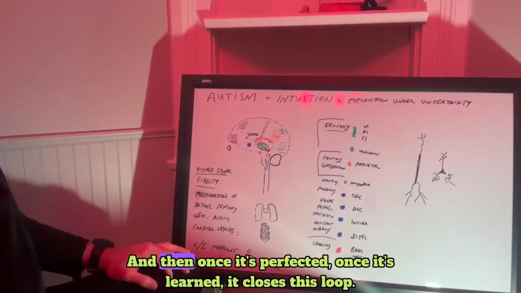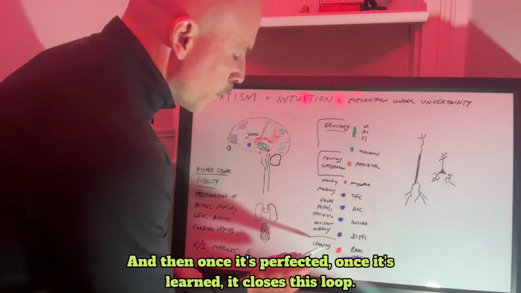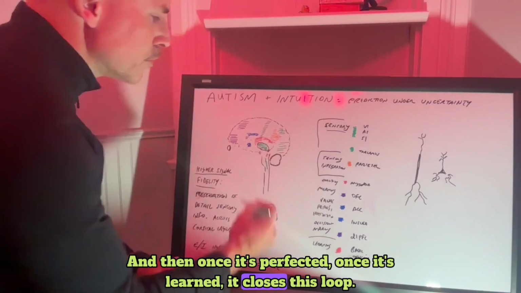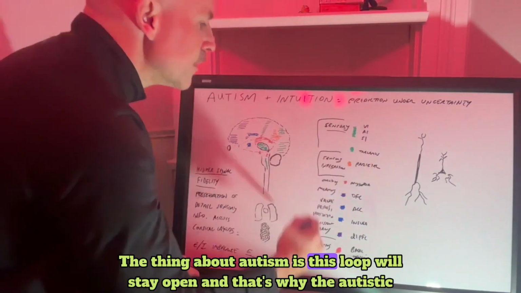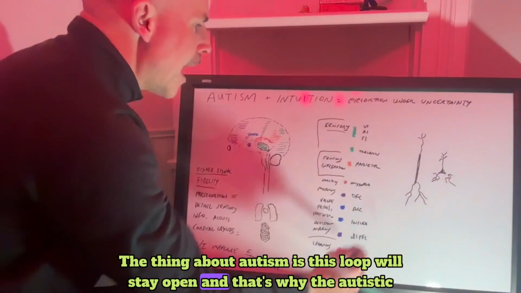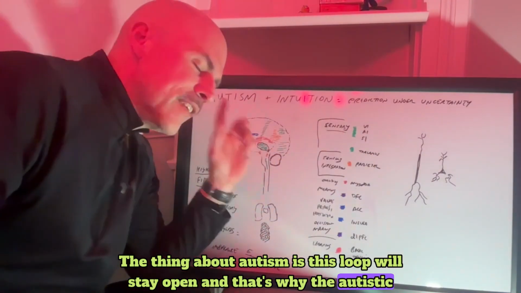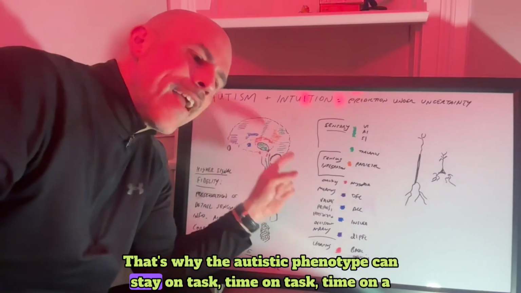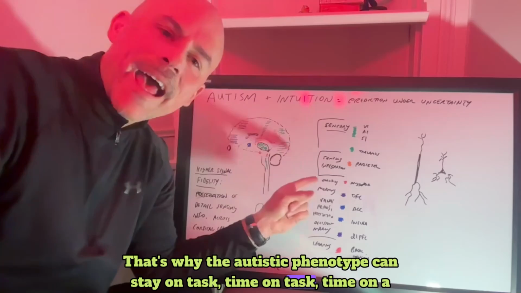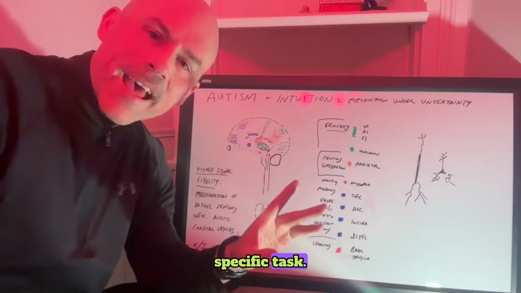And then once it's perfected, once it's learned, it closes this loop. The thing about autism is this loop will stay open, and that's why the autistic phenotype can persist, can stay on task, time on a specific task.